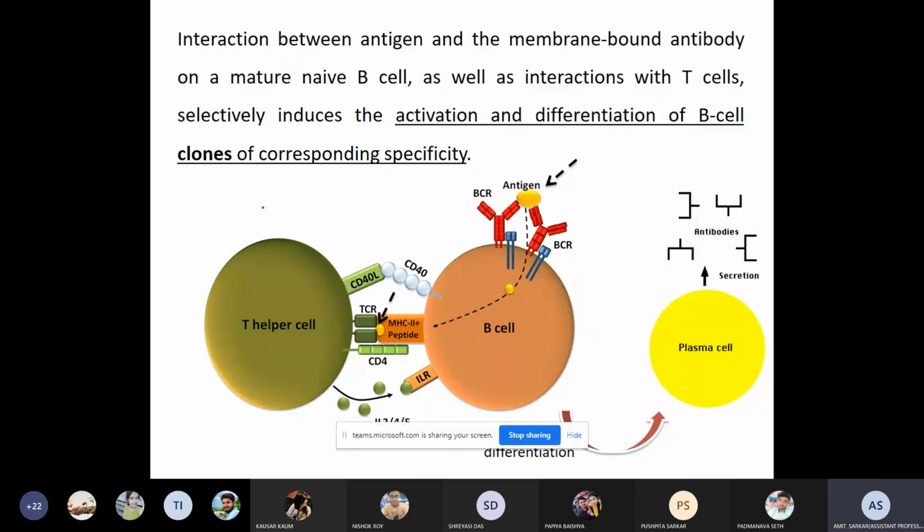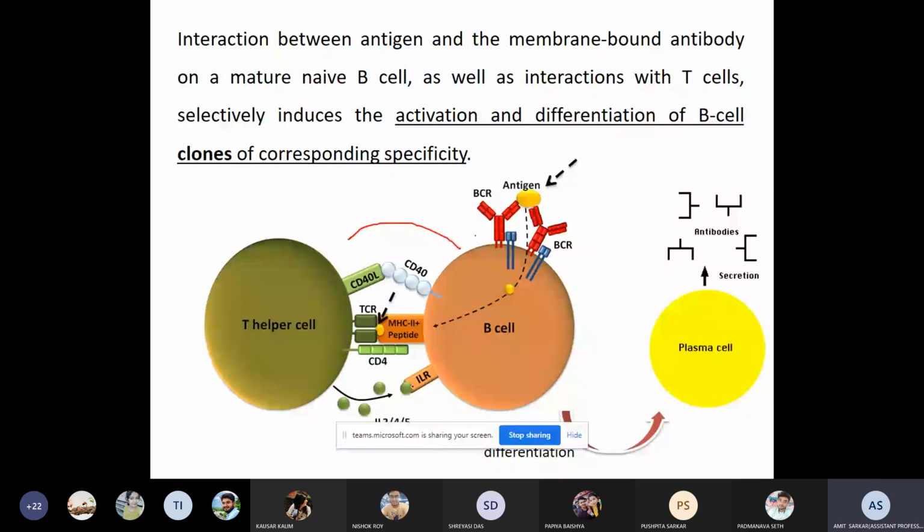As I said, B and T lymphocytes work hand in hand in a cooperative manner. So the B cell is now actually interacting with a T cell. Let's not go into the nitty-gritty details at this point. In a very simplified way, I can say what the B cell does.